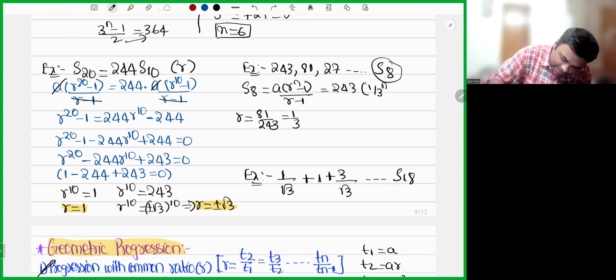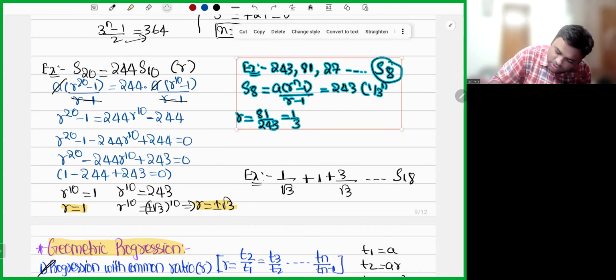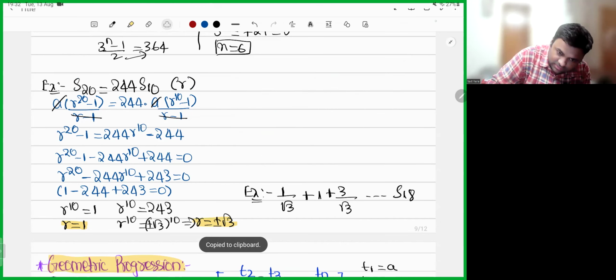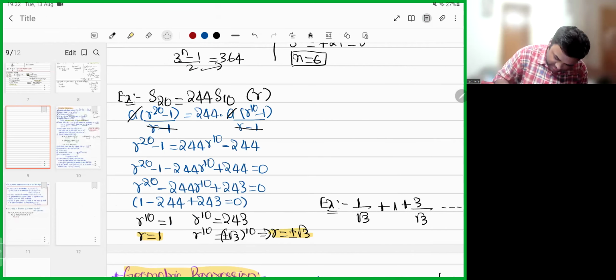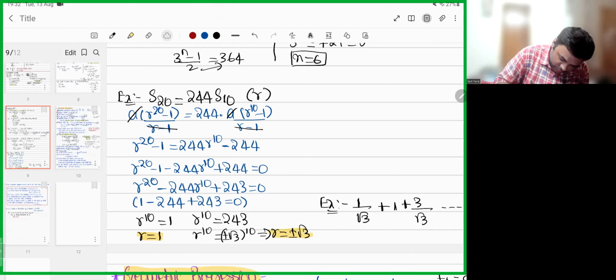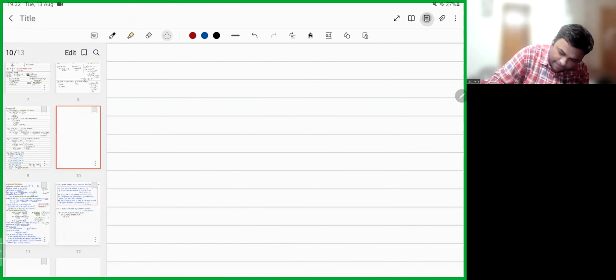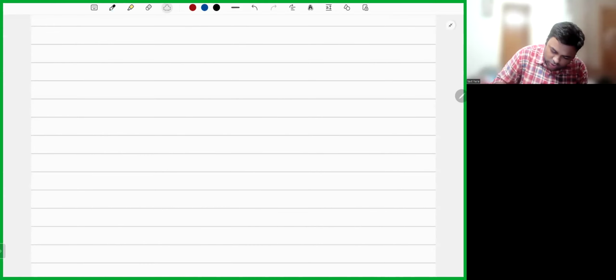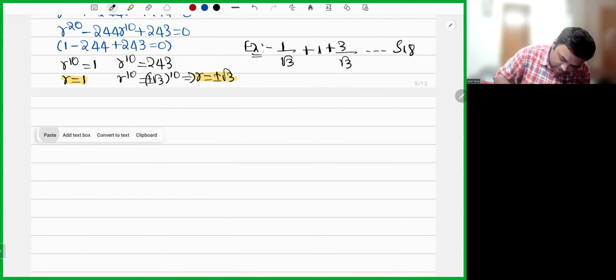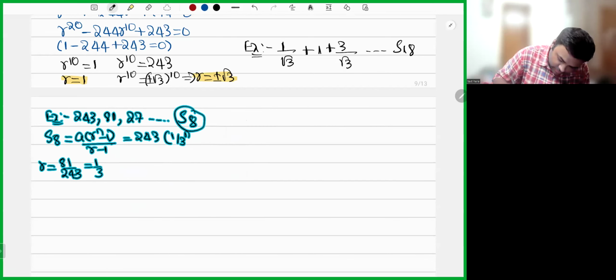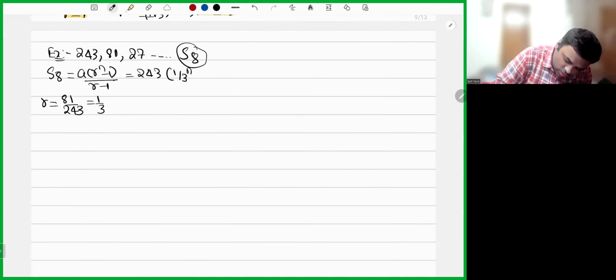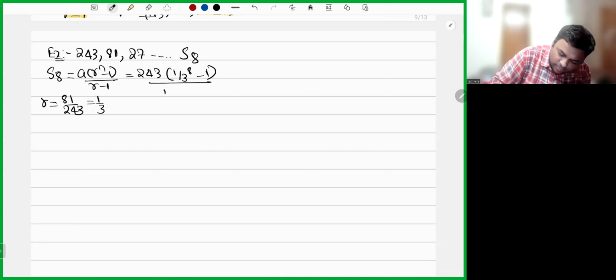I'll write it on the next page. So 1 by 3 power 8 minus 1, divided by 1 by 3 minus 1.